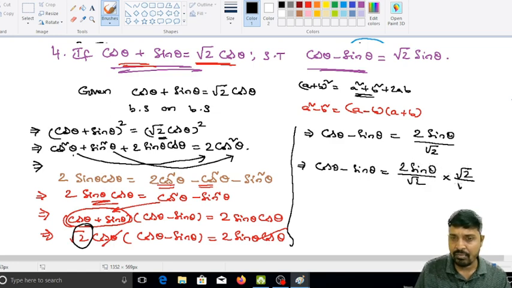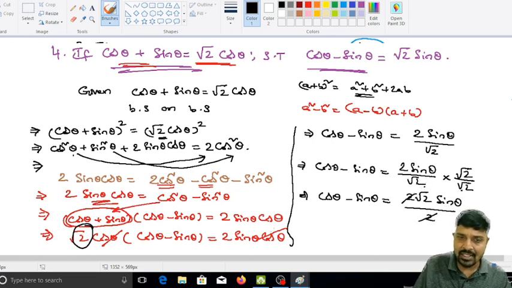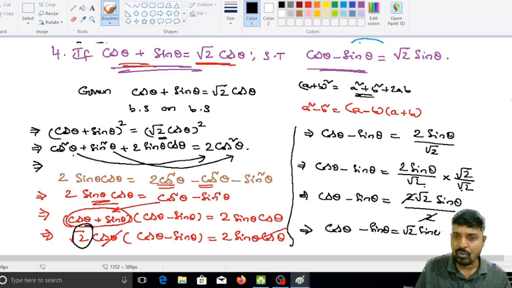Rationalizing it by multiplying and dividing with root 2, we got cos theta minus sin theta is equal to 2 root 2 sin theta over root 2 times root 2 is going to become 2. 2 will be cancelled. So what we got here? Cos theta minus sin theta is equal to root 2 sin theta. So this is our answer.